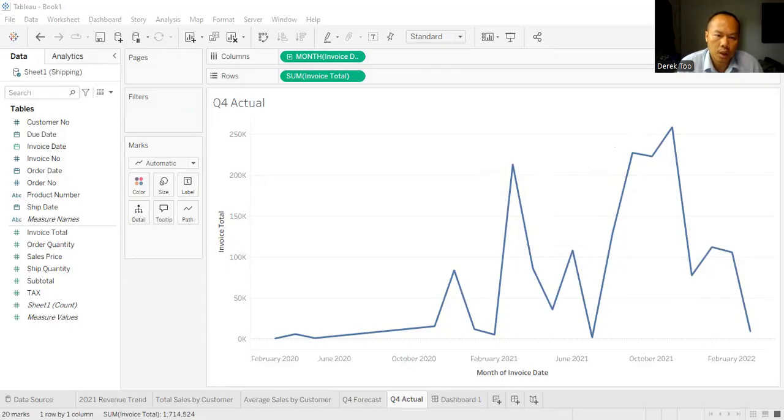Jumping into the next question, this is a little bit related to audit. What are some of the weaknesses of the forecast model that we just did? Here we could talk about several inherent weaknesses in the forecasting model. One is, as we already know, the large deviation from the actual to the forecast. If I open it here, you can see the large differences.